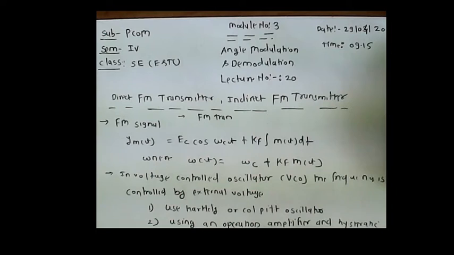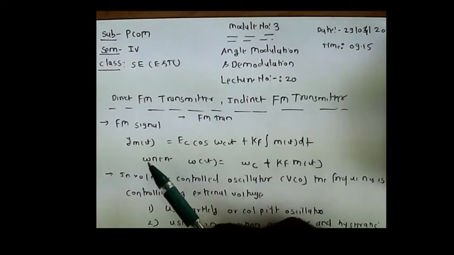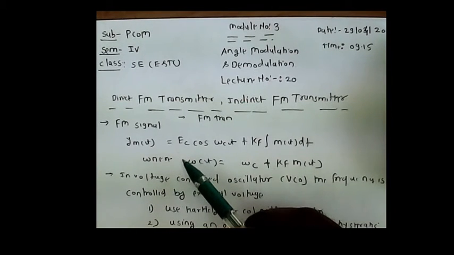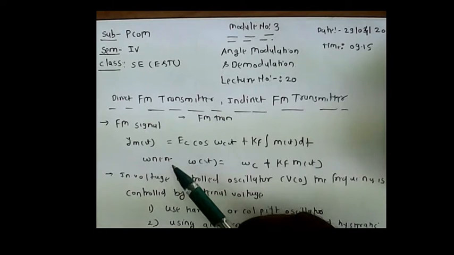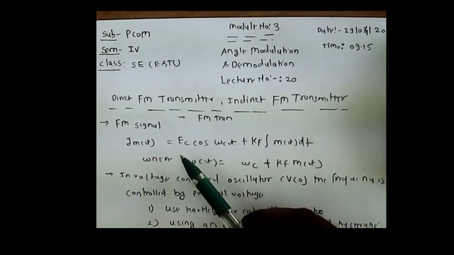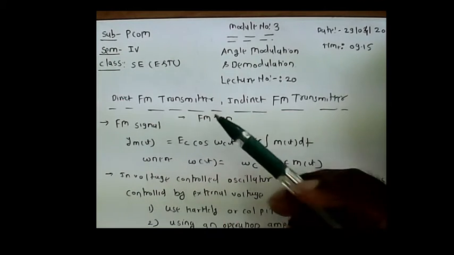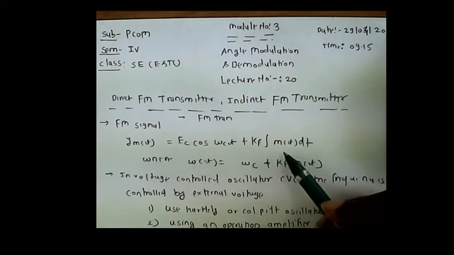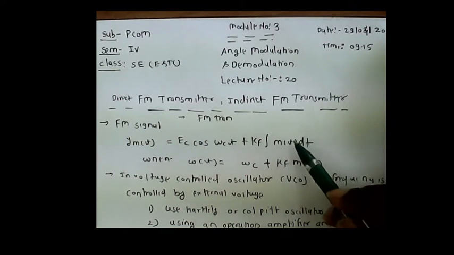In the previous lecture we discussed that the modulated FM signal in the time domain is y_m(t) equal to Ec cos(omega_c t plus kf integral of m(t) dt), where Ec is the amplitude of the carrier signal, omega_c is the carrier frequency, kf is the sensitivity and m(t) is the modulating signal.